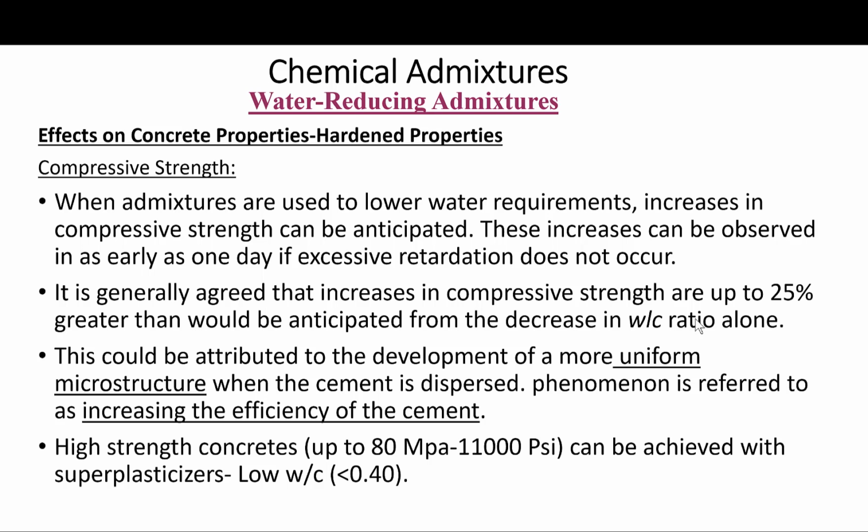So if lower cement content is used, of course, then we gain another advantage by lowering the heat of hydration. Again, the refinement of the structure, the better packing and densification of the concrete matrix will go a long way in improving strength and durability, which is a result of using these admixtures, again, used correctly and efficiently.